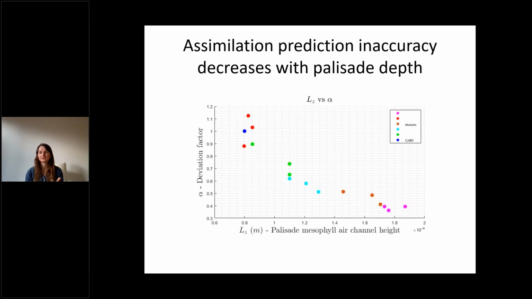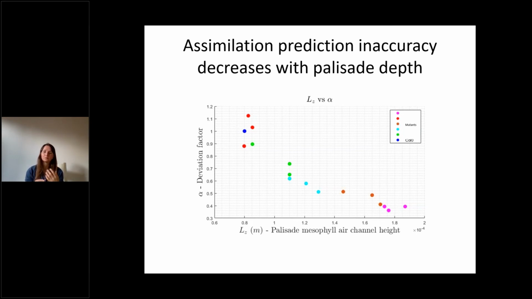So that tells us that the model is working well for some lines and less well for other lines. This graph is a little complicated to explain, but I'll try and go through it steadily. Since we found this mismatch, we calculated a correction factor, and that was just based on the wild type data.